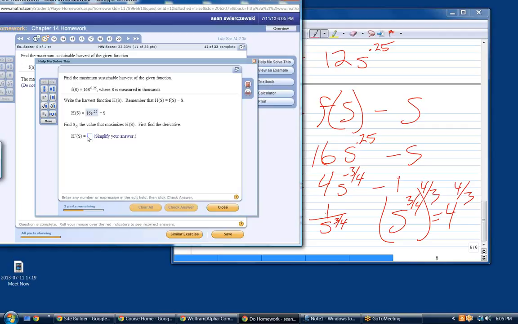Take the derivative of s, and that's equal to 4s raised to the minus 0.75 minus 1.